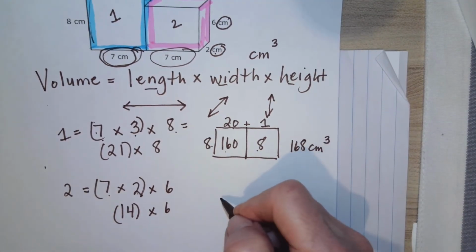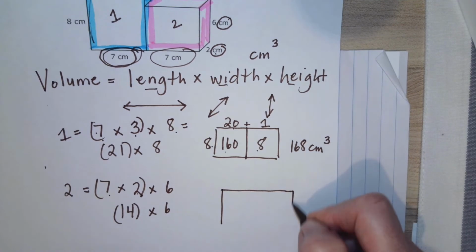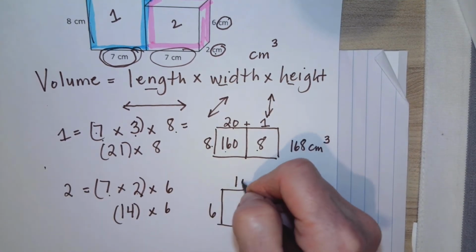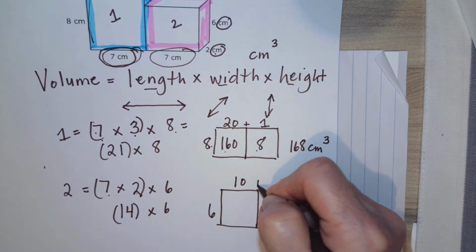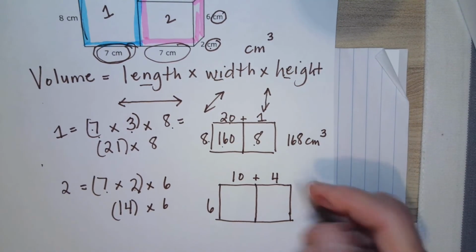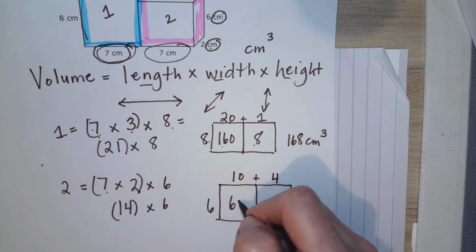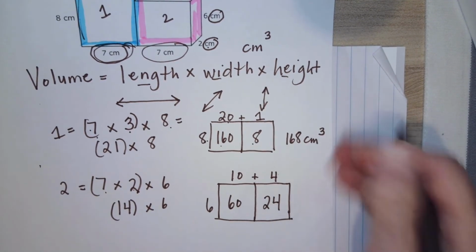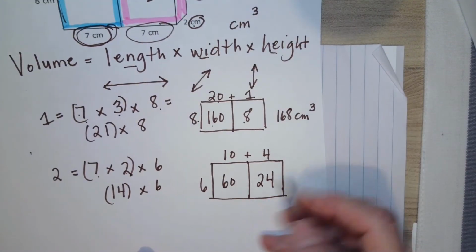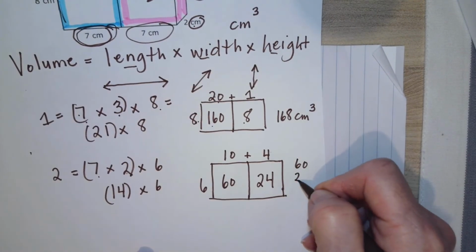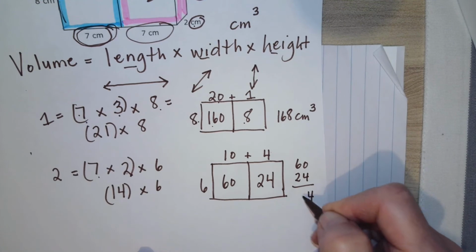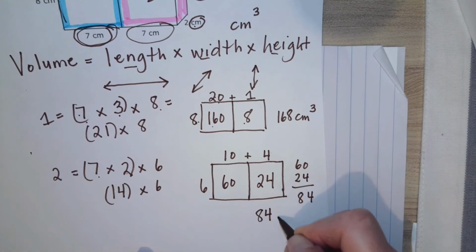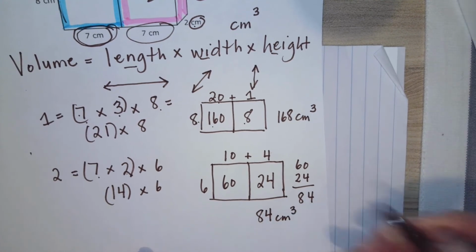Okay, so now I have to multiply 14 times 6. 14 would be 10 and 4. 10 times 6 is 60. 4 times 6 is 24. 60 plus 24 is 84. So this one, the volume is 84 cubic centimeters.